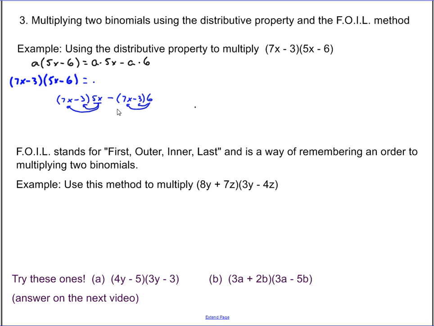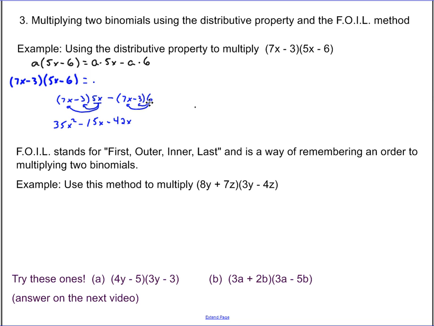We're going to end up with something that looks more like 5x times 7x, which is 35x squared. We're going to have 5x times minus 3, so that's going to be minus 15x here. We're going to have 6 times 7, which is negative 42x.